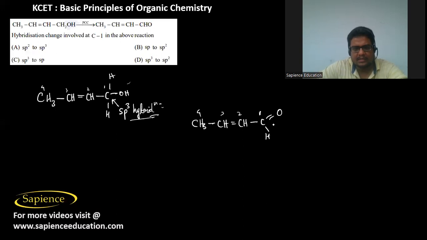So here it is linked with three groups, so it is sp2 hybridized. So the hybridization is sp2 here. So it means the hybridization change involved at C1 is sp3 to sp2. So option D is the correct answer.